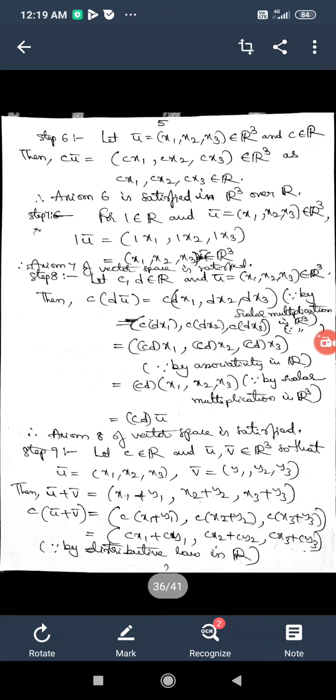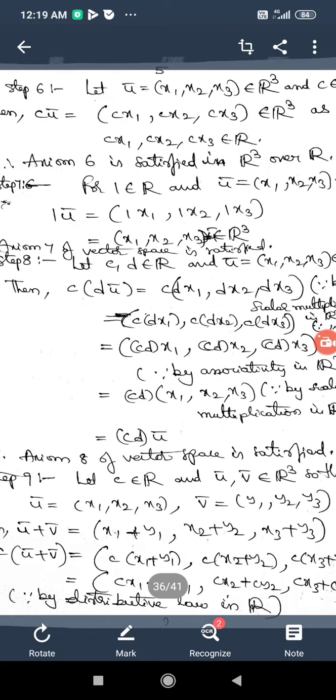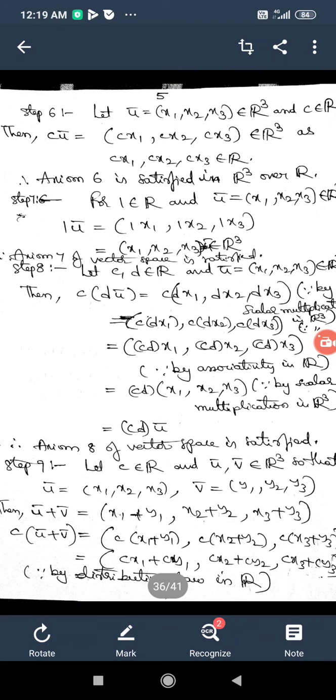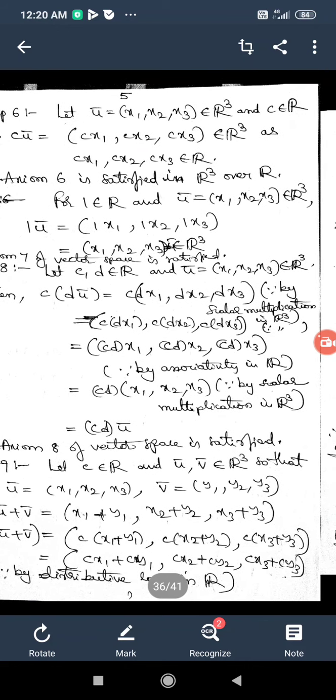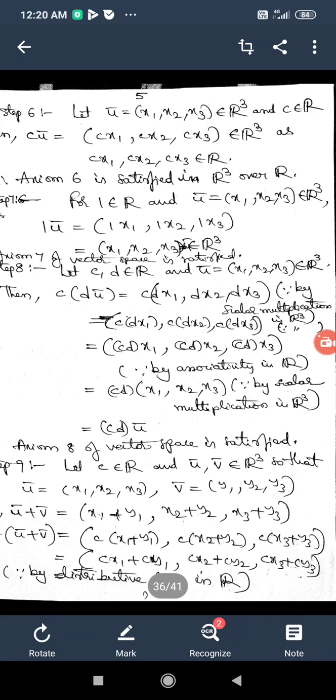Now step 6. In step 6 we want to prove that scalar multiplication is closed in the set R3. That means R3 is closed under scalar multiplication. Scalar multiplication is defined in the set R3, so for that we need a vector and a scalar.